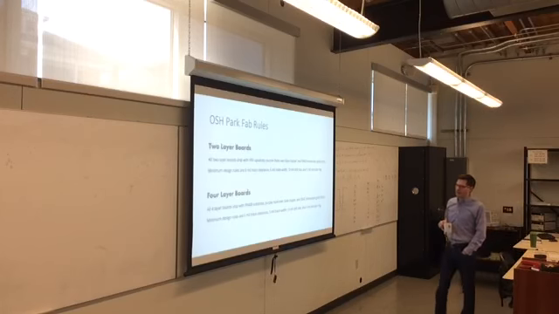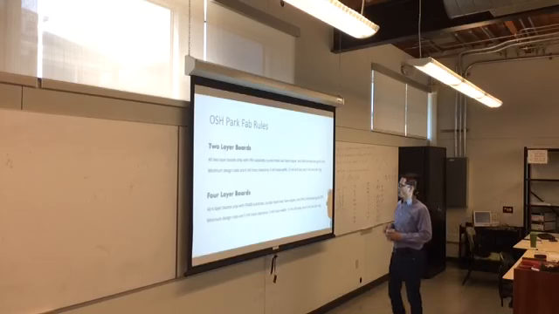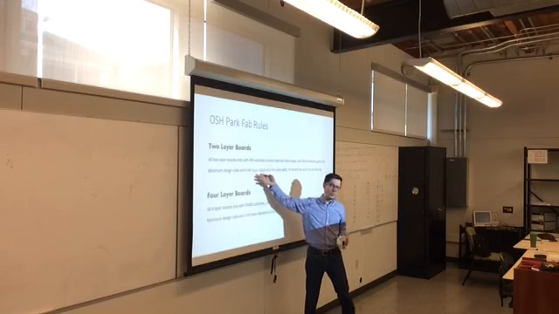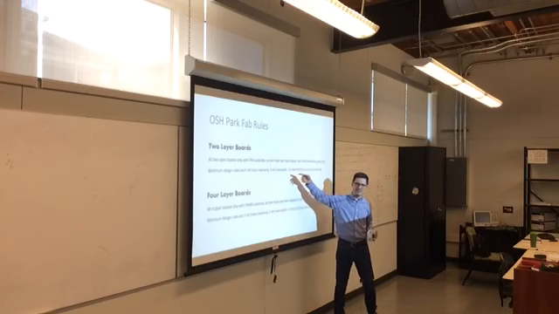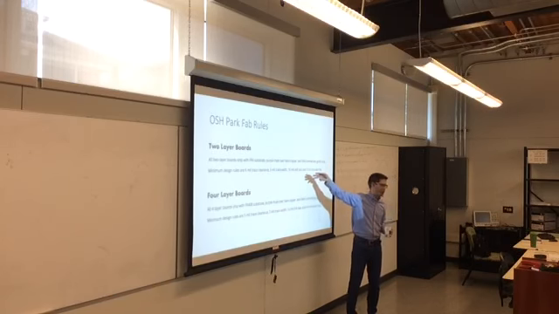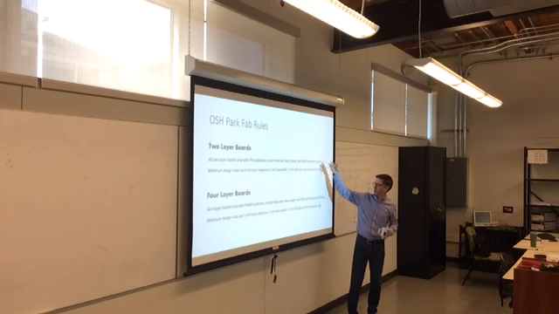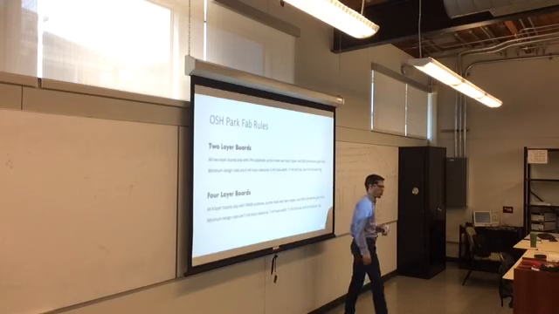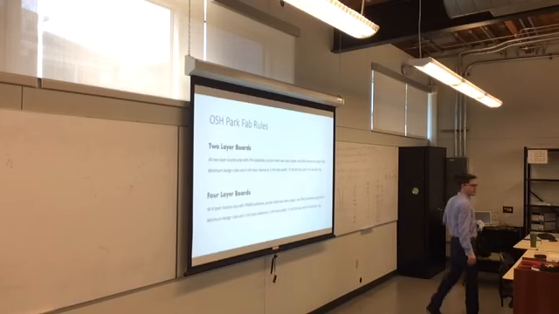So, for example, these are the design rules for OSH Park. They can tell you that you can have 6 mils between your traces. The traces can be 6 mils wide. The drill size is 10 mils, and you can have a 5 mil sort of ring on your traces. If you do the 4-layer boards, you get a little more clearance on the traces, or a little thinner widths.